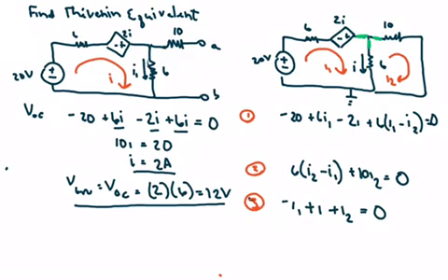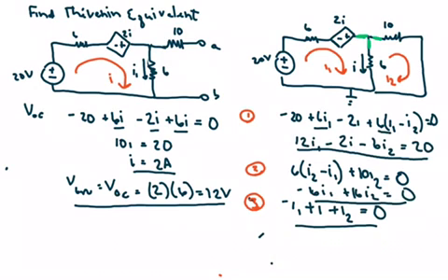So now we have 3 equations and 3 unknowns.